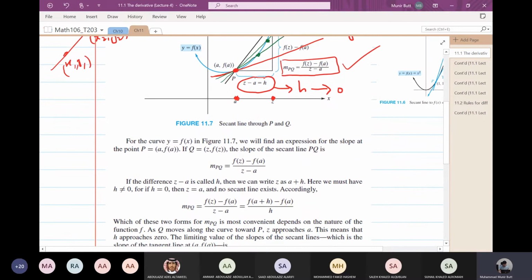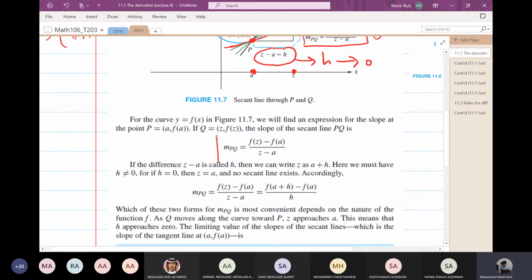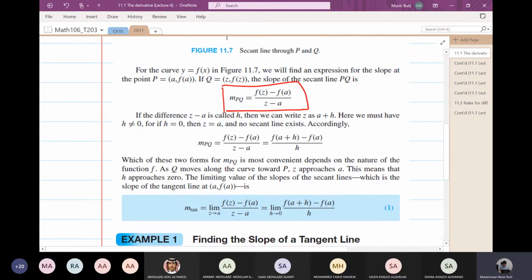So you see, the slope of this PQ line is (y2 minus y1) over (x2 minus x1). Now, f of z is an increment, a plus some h.